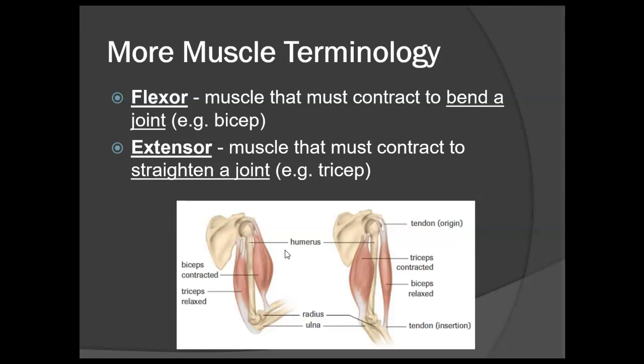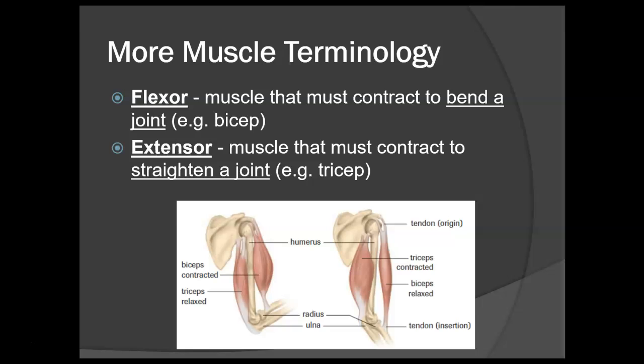Your biceps and your triceps, or your hamstrings and your quadriceps muscles. Quadriceps are on the front part of your legs, hamstrings are on the back part of your legs. Those muscles are antagonistic, and each antagonistic pair has a flexor and an extensor.